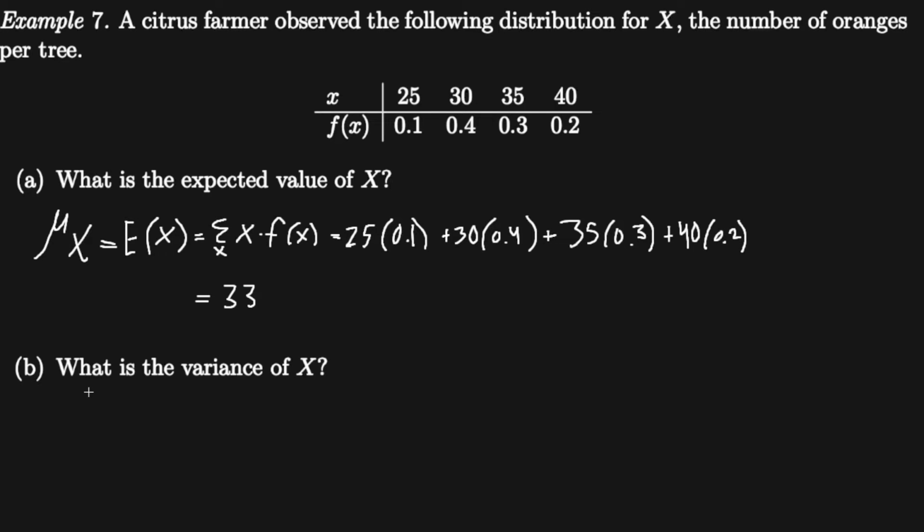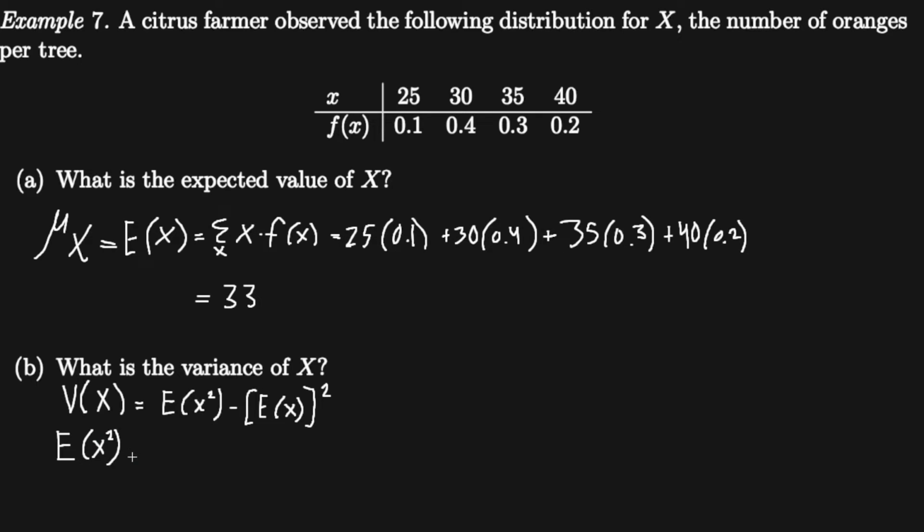Now B, what is the variance of x? Now we know the variance of x is equal to the expected value of x squared minus the expected value of x, squared. Now we know one of them, but we have to find the expected value of x squared. So we'll find that right here.